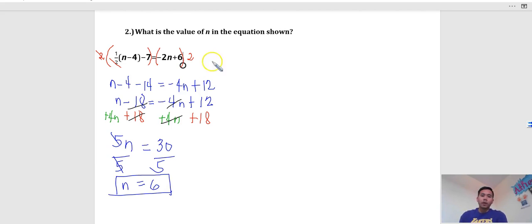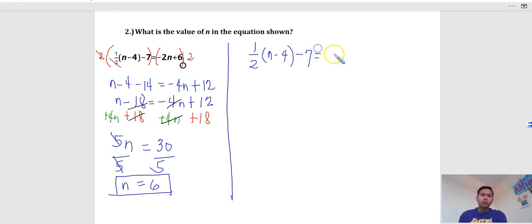Another way is that if I have 1/2 n minus 4 minus 7 is equal to negative 2n plus 6, right? So I'm going to add 7 to both sides.